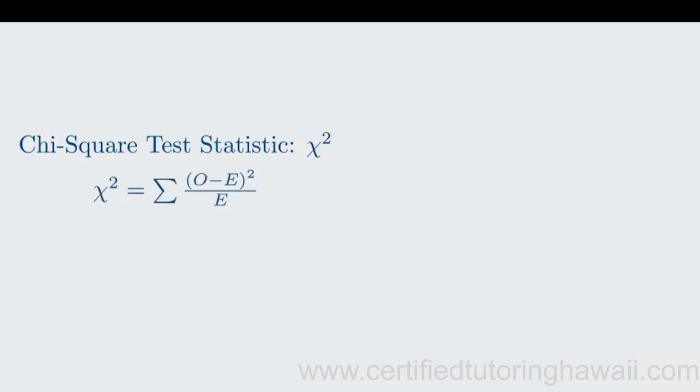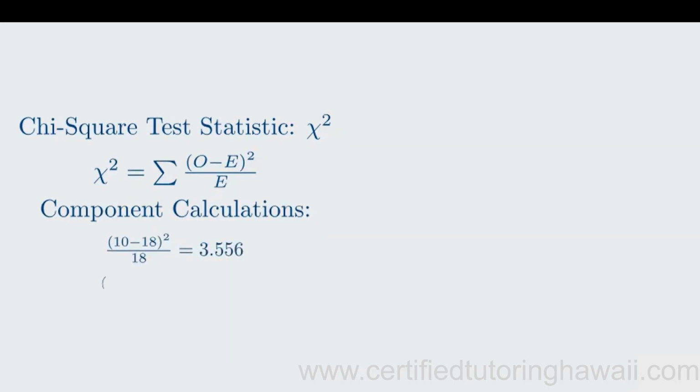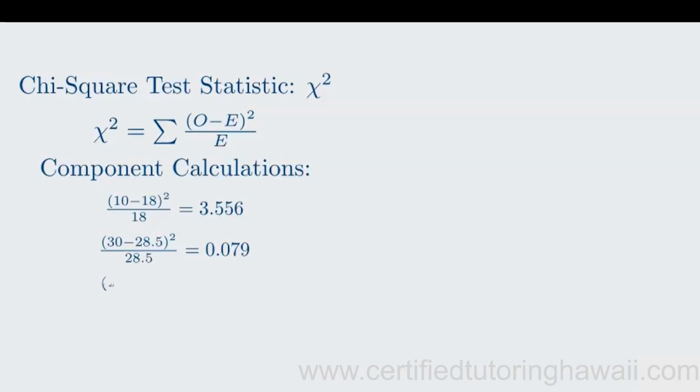We need to take each observed value, subtract its corresponding expected value, square that difference, and divide by the expected value. For cell 1, we have (10 minus 18) squared divided by 18, which is 3.556. Cell 2 gives us (30 minus 28.5) squared divided by 28.5, equaling 0.079.